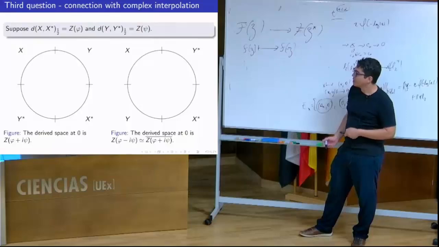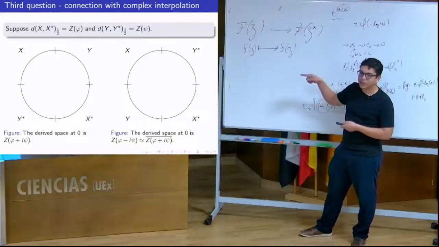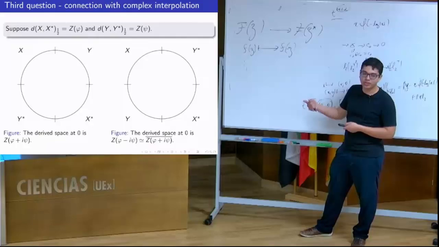But if you look at the conjugate space, now you want to get phi minus i psi. And they show that this is the configuration, okay? So this is the original one, this is the new configuration. How do you obtain one from the other? So here is x, here is x. Here's y, here's y dual. Here's y dual, y, and x dual, x. So up to a rotation, what you did was conjugation.